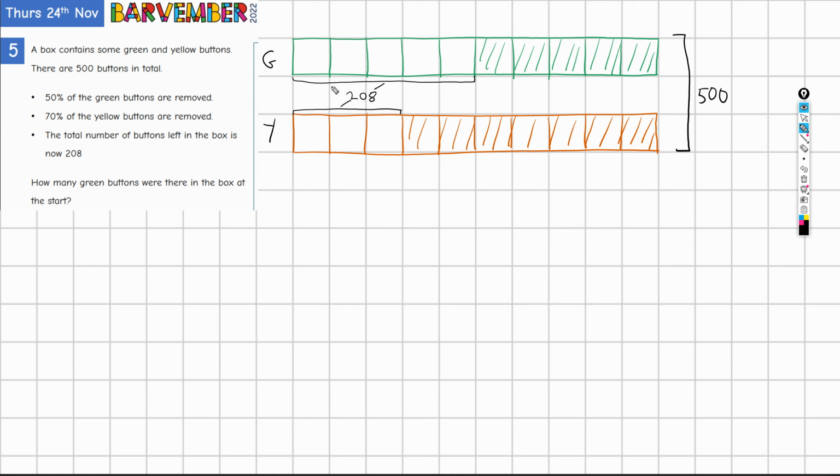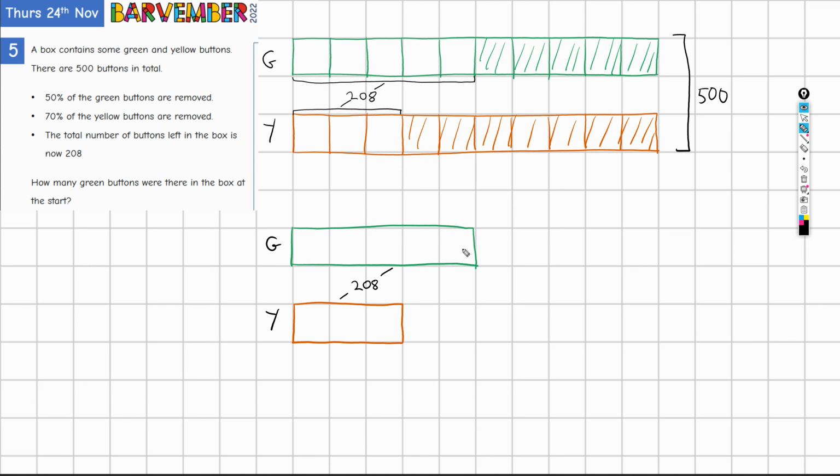So what I am going to do is redraw this part of the model down here, green and yellow. Here we have the 5 parts of green, 3 parts of yellow, and together they have a value of 208.